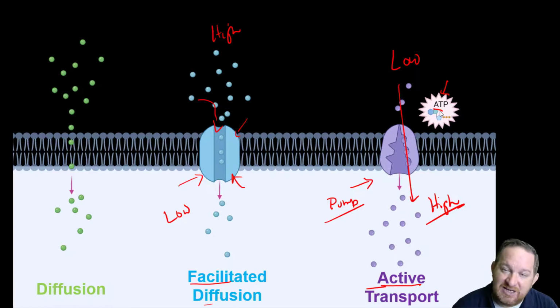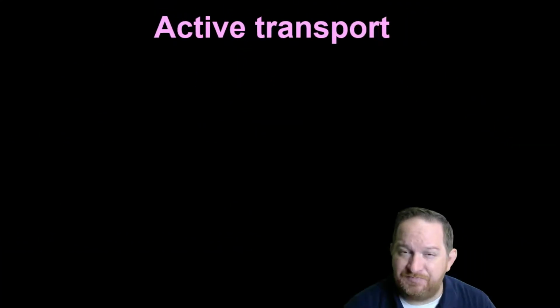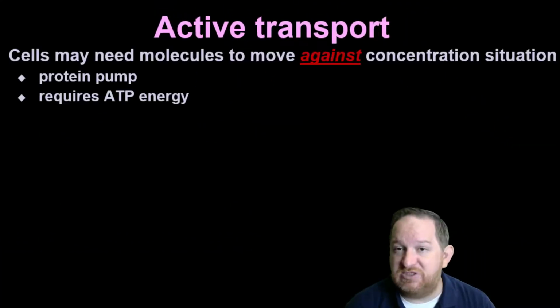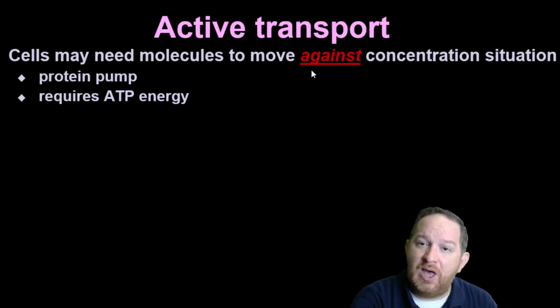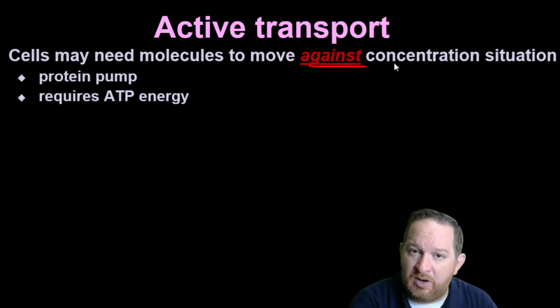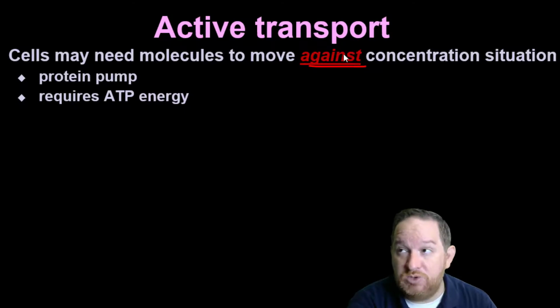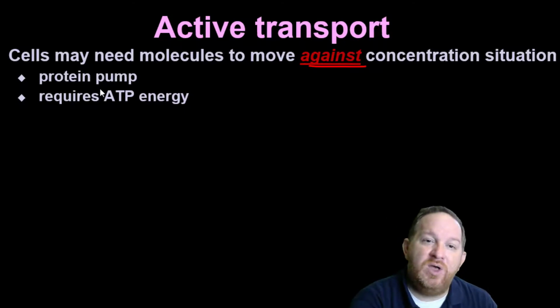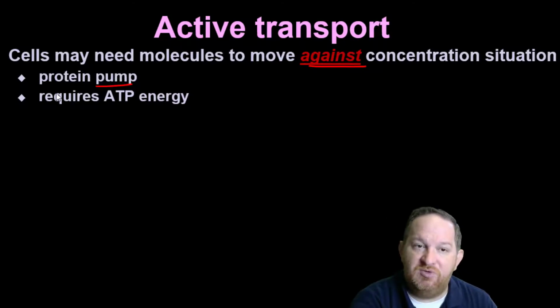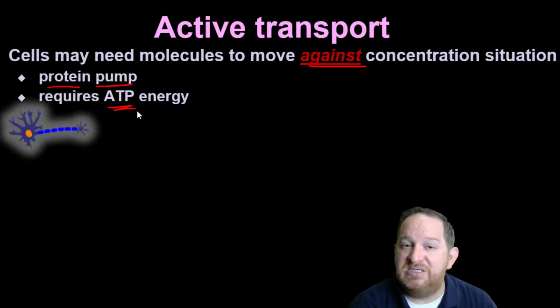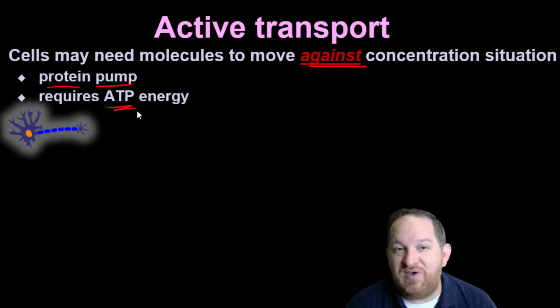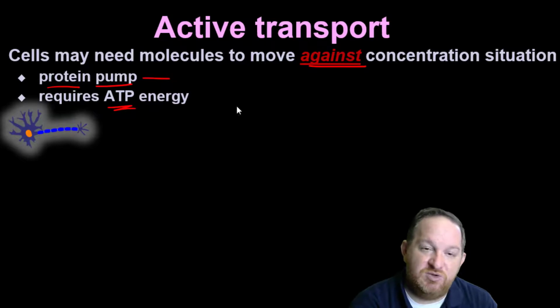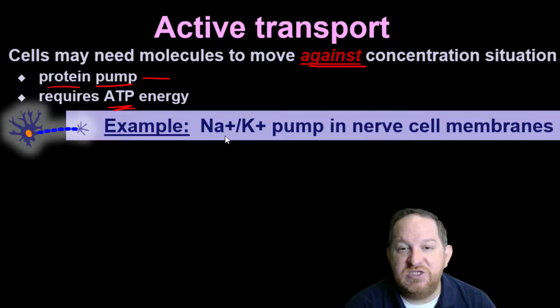So I said I'd give you an example. Let's look at a specific example of when active transport is required. When we're going against the concentration gradient, so from low to high, we call these pumps often. They're made of proteins, and we're going to require some ATP energy. So the most famous pump, or I like to think the most famous pump, is the sodium-potassium pump in nerve cells.